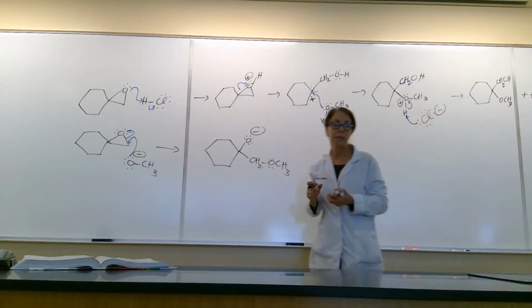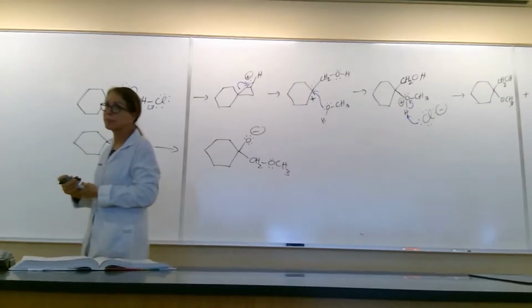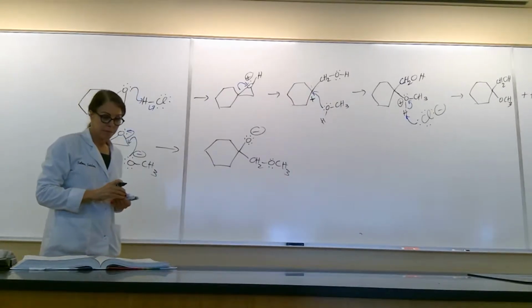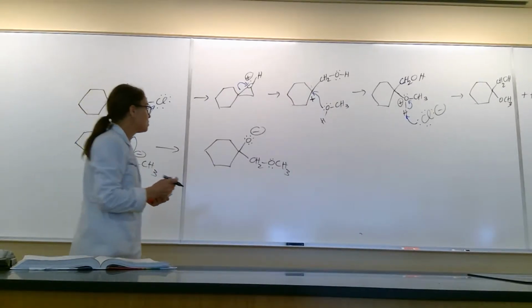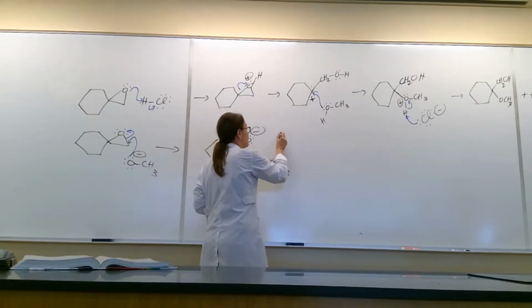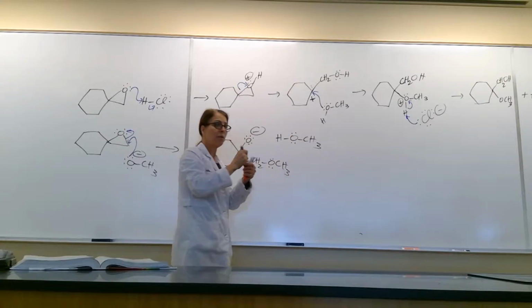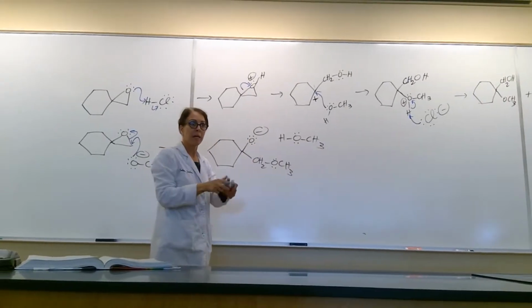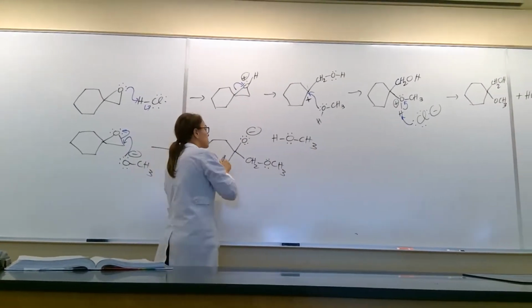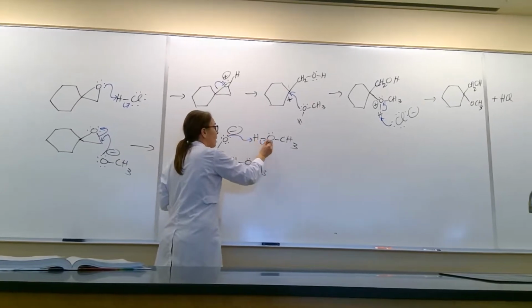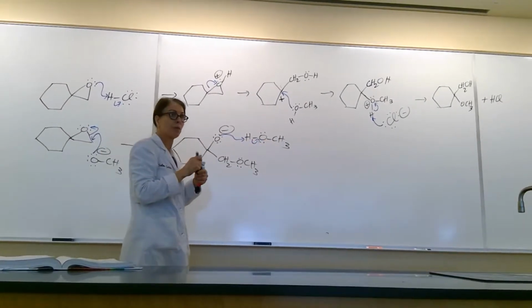So at this step, what do we do next? This is a base, so we have CH3OH. This is easier because now this is a base, this is an acid. This makes the H, and it regenerates the OCH3 to restart again.